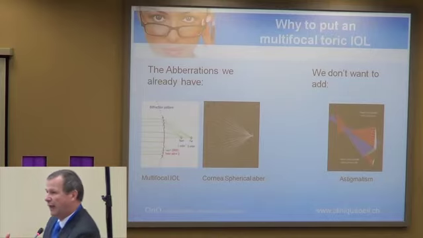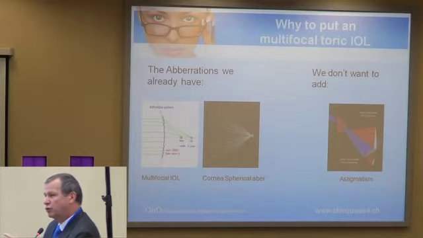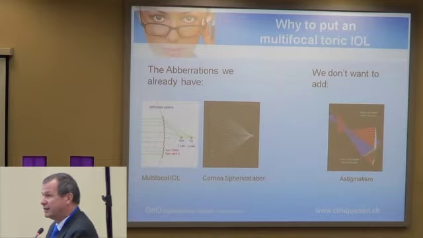Because if you don't do that, it will be blurred in between, and you will lose a lot of contrast sensitivity. That's why it's so important to have an astigmatism-free eye when you correct a patient with multifocal lenses.